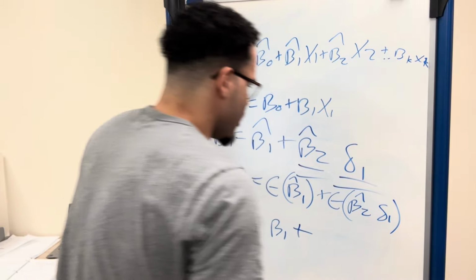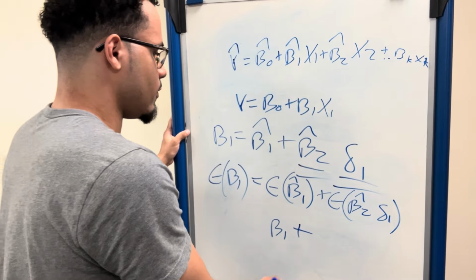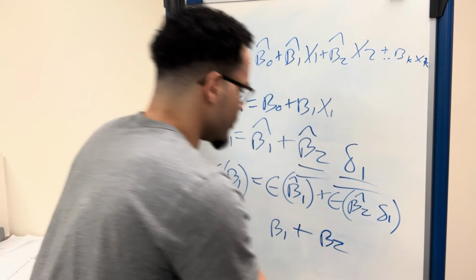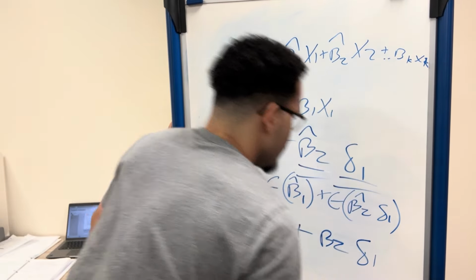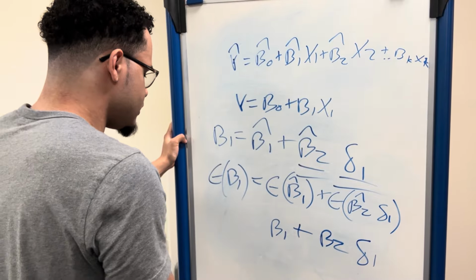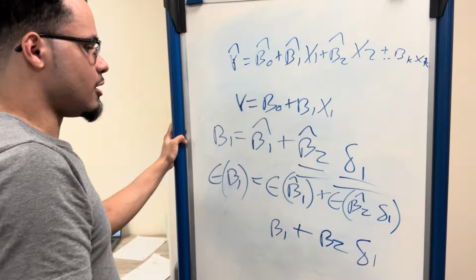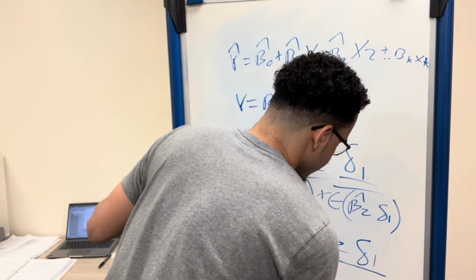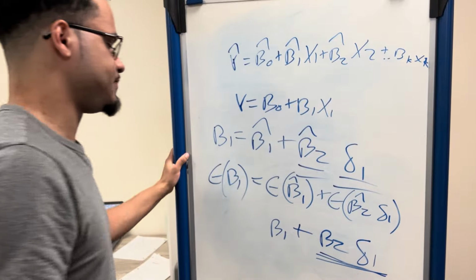And then this is also beta 2, which I also proved, and we have delta 1. So the extent of omitted variable bias is, like I said, these two parameters.